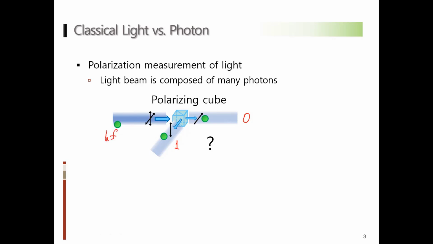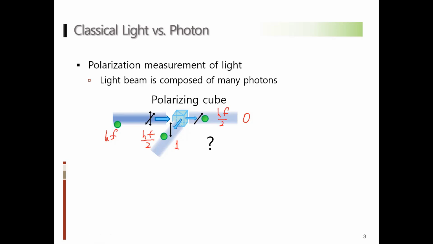However, if the energy of this single particle were split into two paths, then the energy carried by the reflected particle should be hf over 2, and the other should also be hf over 2.